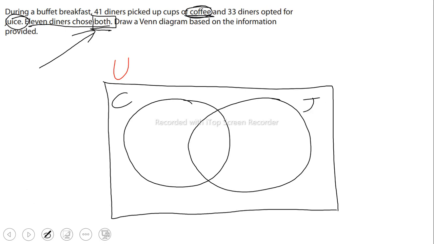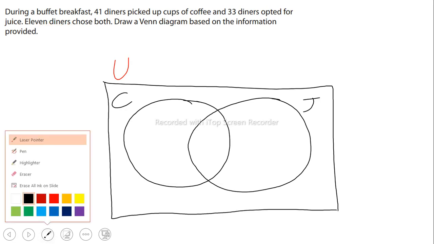Now, it's very important to note that this 41 is all of the ones that opted for coffee, including the 11 that chose both.